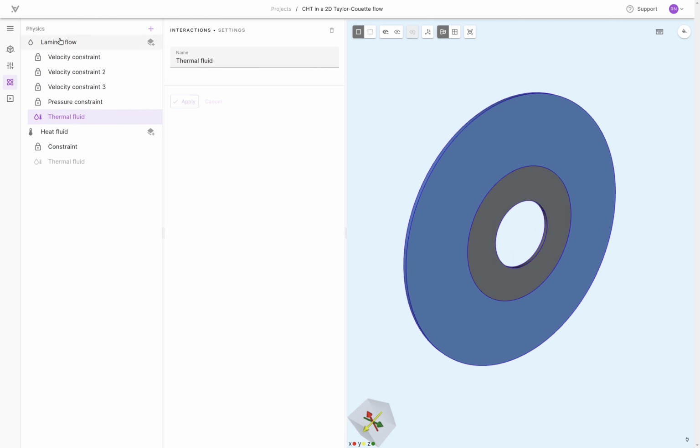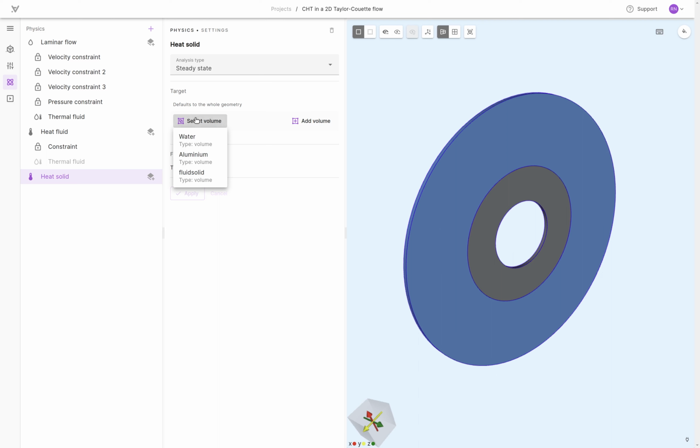So the laminar flow together with the heat fluid would solve for all the three field variables. Now we are left with defining the physics in the solid region. So we select heat solid, and the volume that is applicable is aluminum, and we click on apply.